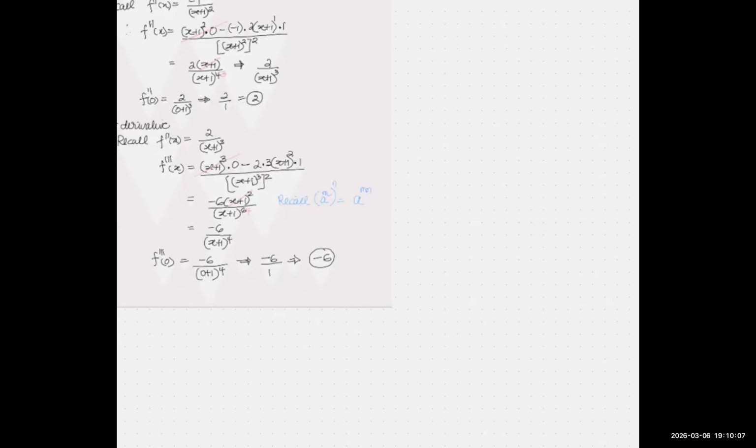Now, what we're going to be doing next is saying f dash of 0 times x. So if your f dash of 0 was 5, it would be 5 times x, which is 5x, over 1 factorial. So that term is going to be 5x. And then if your f double dash is 10, it's going to be 10x squared over 2 factorial.